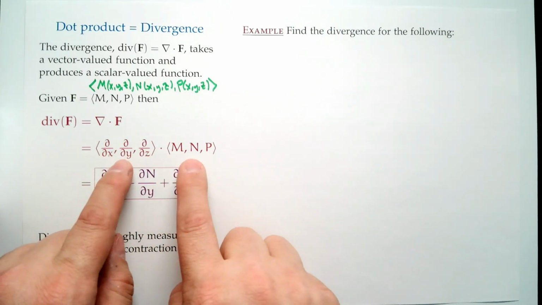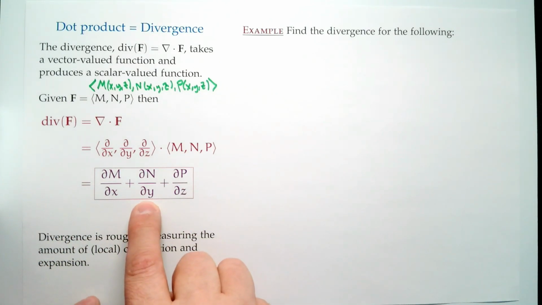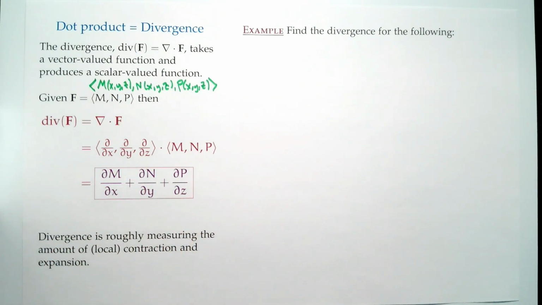The next, I apply partial y to n. Partial n, partial y. Finally, I apply partial z to p. Partial p, partial z. Now, a couple things to note. Once you see this, you say, when I have the divergence, I started with a vector valued function, but I don't end with a vector valued function.